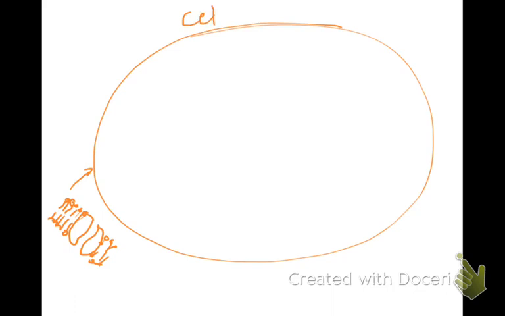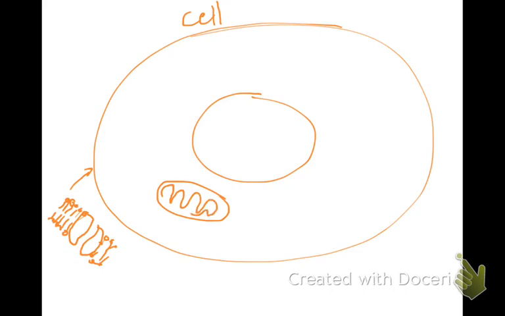Inside the cell, obviously, you have things like the nucleus, which holds the DNA and everything. What we're focusing on today is the mitochondria, and the mitochondria looks something like this. It's that poopy-looking thing we saw in the beginning of the lesson. If we look carefully, glycolysis is actually occurring in the cytoplasm of the cell. Oh my gosh, that's interesting.